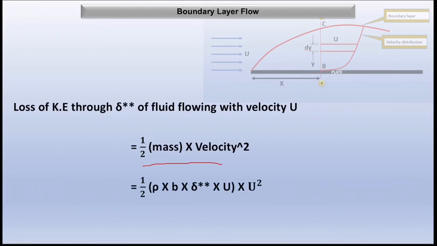Upon substituting the values of mass and velocity, we get 1 by 2 under bracket density into width into thickness by which the plate is displaced, into U into U square. So this U square will multiply inside, and the equation will become 1 by 2 rho into b into delta double star into U cube, and we'll call it equation number 9.